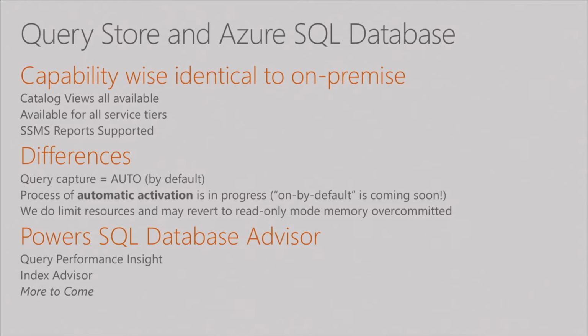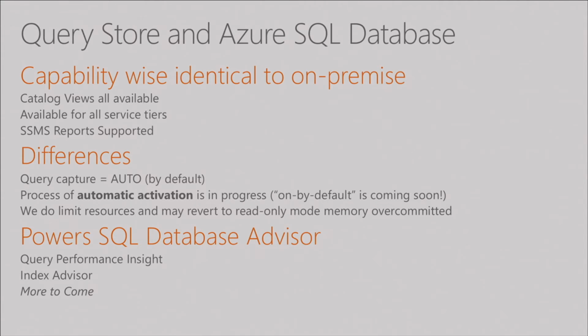And a very important thing for Query Store in Azure SQL Database is that it powers different features. So, for instance, Query Performance Insight, which is available on the Azure portal. When you have an issue, you don't need to open SQL Server Management Studio. You can, from the portal, see top resource consuming queries, queries ordered by the number of executions and some other metrics using a nice and intuitive UI.